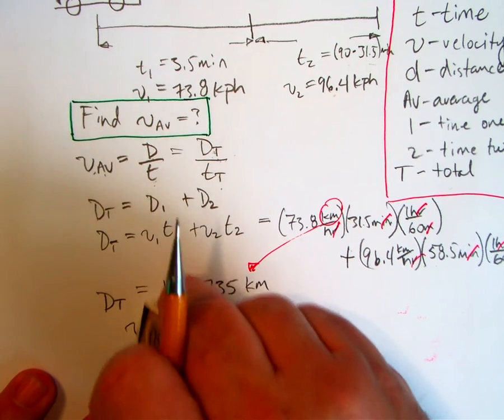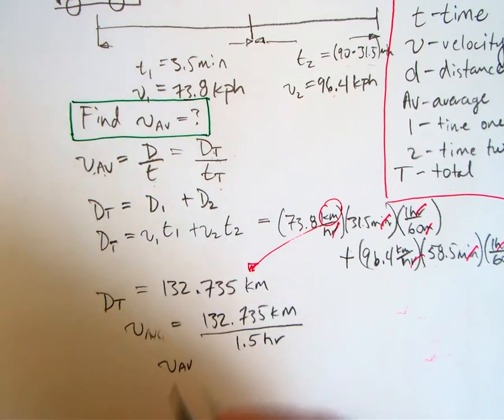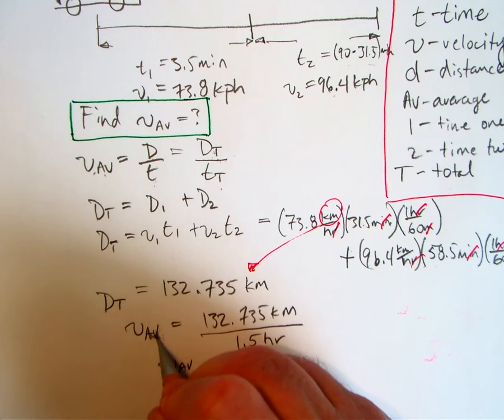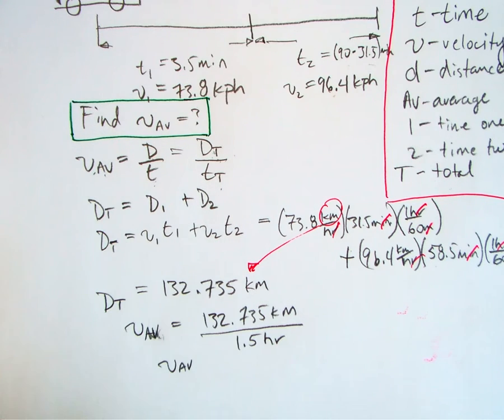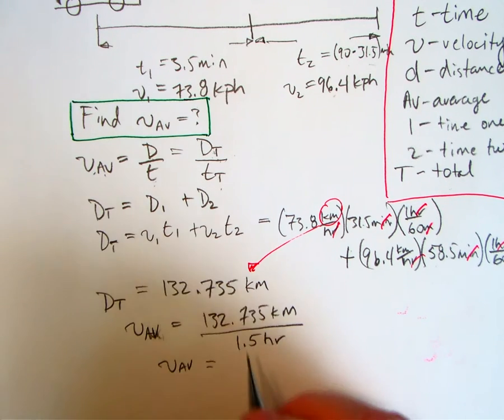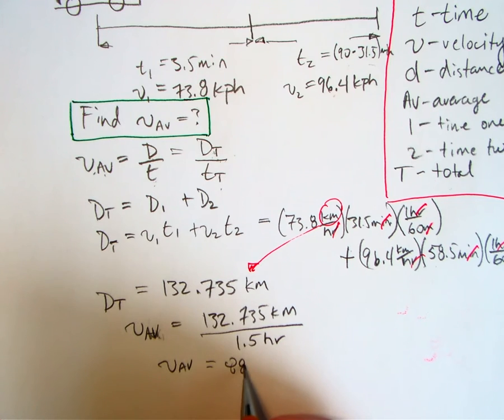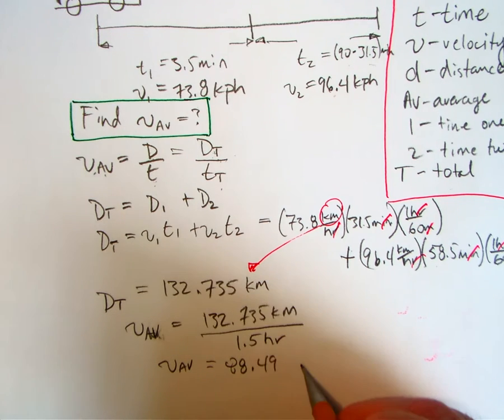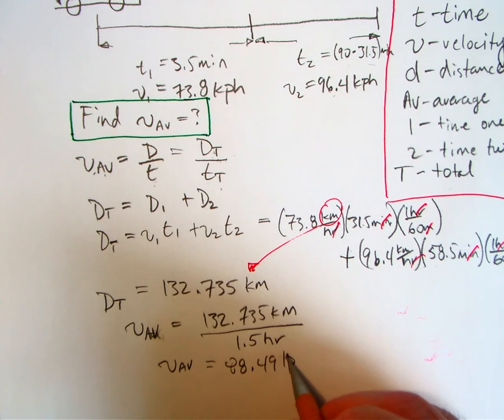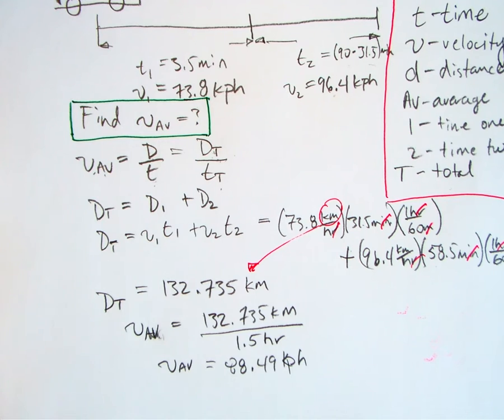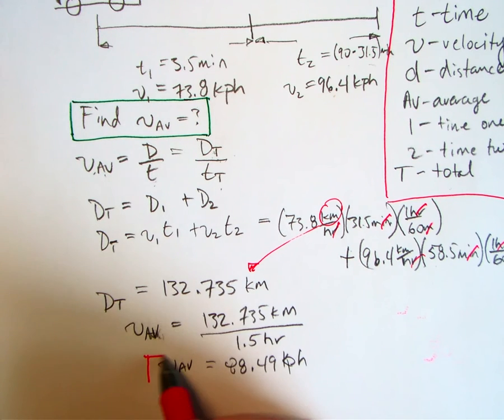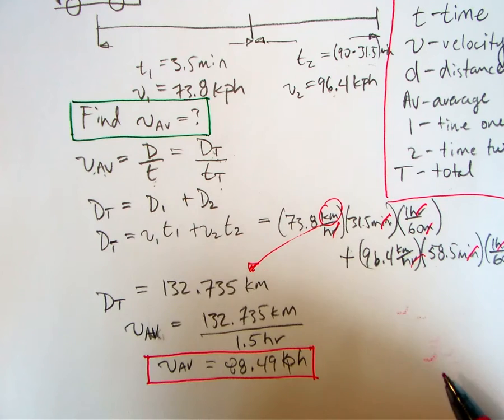Erase that to make sure we're not being unclear. All right, and that's 88.49 kilometers per hour. Now, let me go ahead and box this to highlight what the answer is.